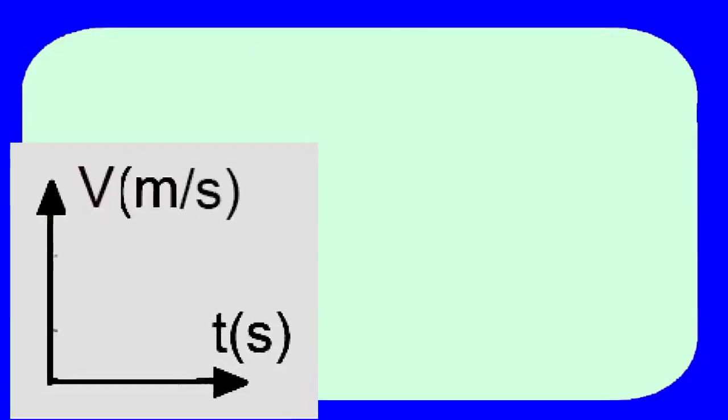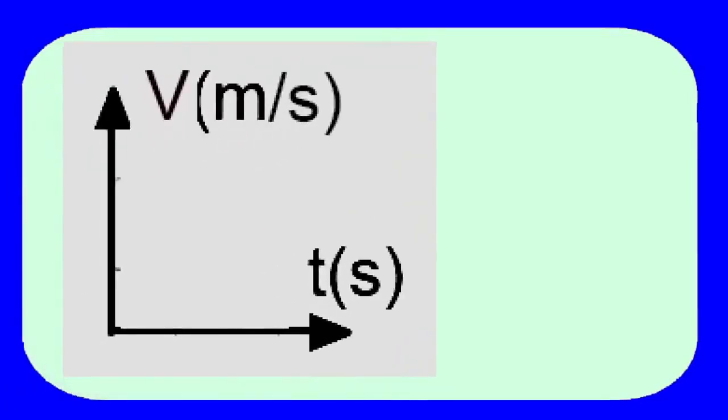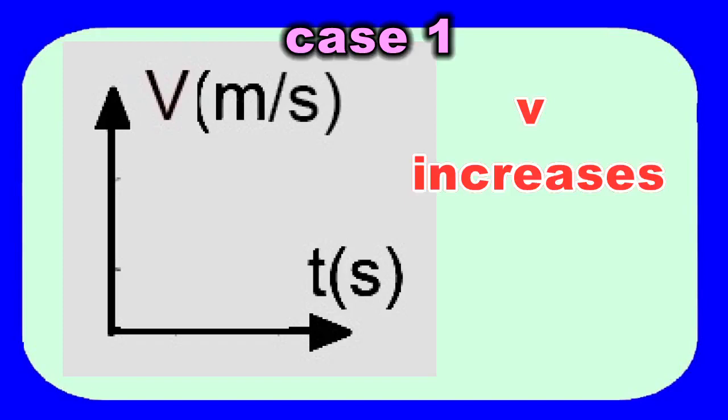Tip 3. The velocity time graph of a moving object which moves on a straight line at a constant acceleration is a straight line. 3 modes may occur. Case 1. If the velocity increases, the graph looks like this. In this case, the acceleration is positive.